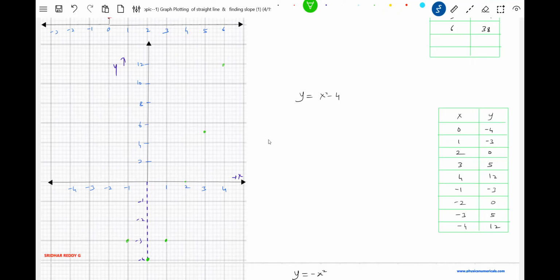X equal to minus 2, it will be 0. X equal to minus 3, it will be plus 5. X equal to minus 4, it will be 12.